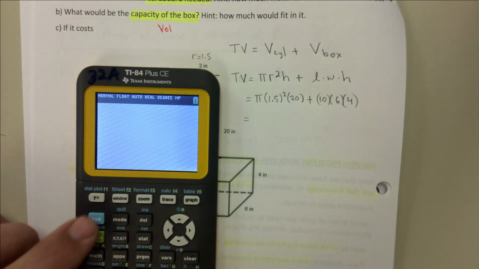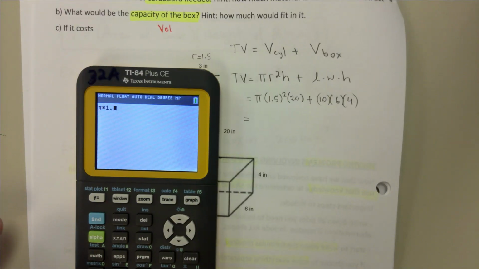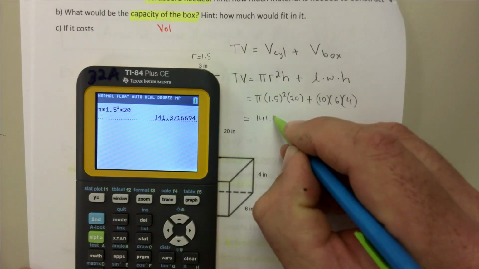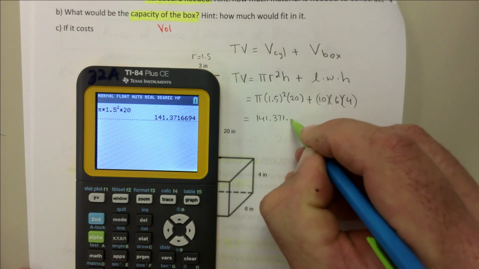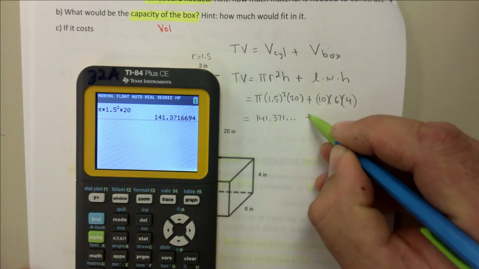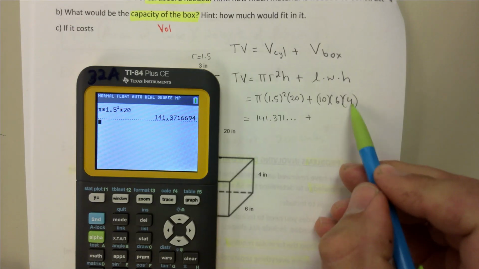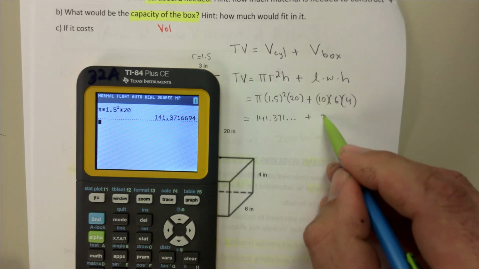So I'm just going to go pi times 1.5 squared, press the x2 button for that, times 20. So that'd be 141.371, and I keep going, plus the other side, 10 times 6, right? 4 times 6 is 24, times 10 is 240.